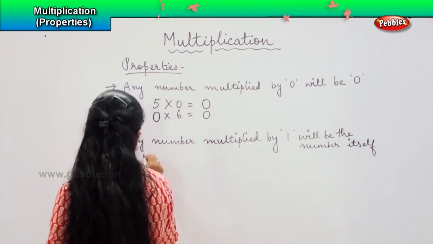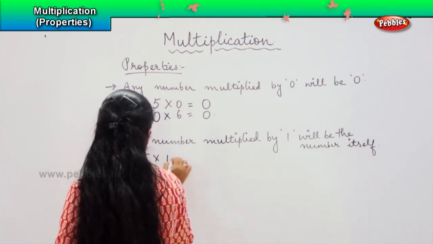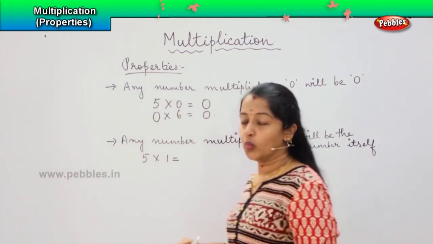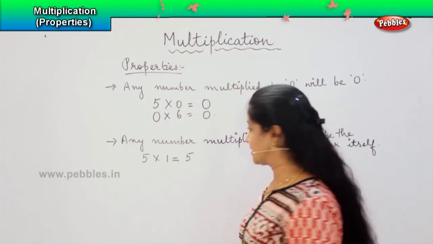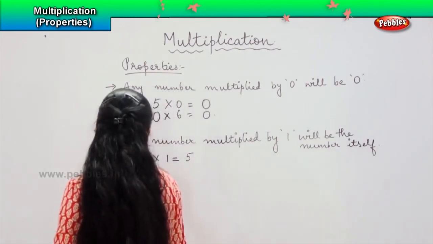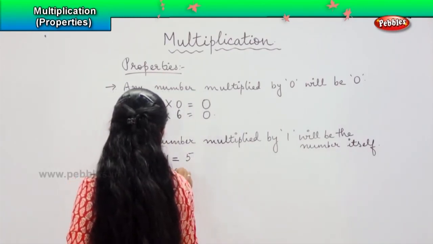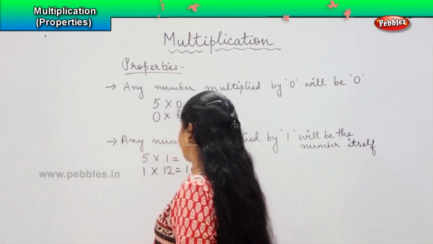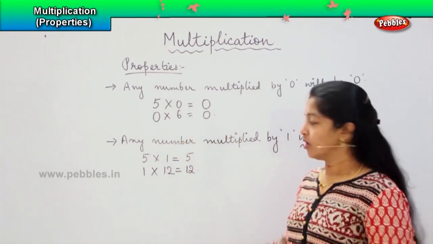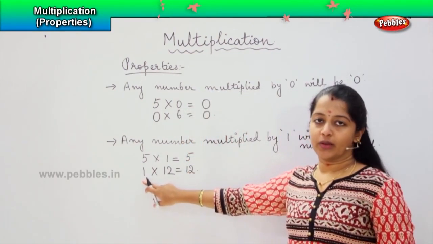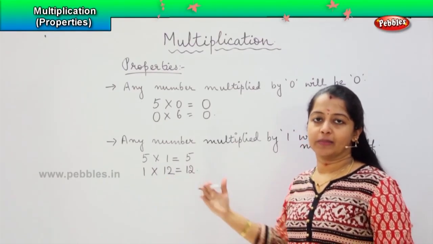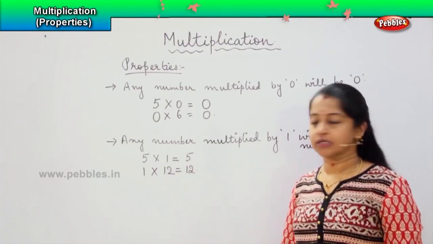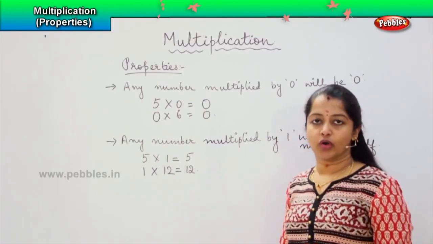Suppose 5 into 1. My answer will be the number itself, which means it will be 5. Similarly, 1 into 12. The answer will be 12. So, anything multiplied by 1 will give me the number itself. Whatever number we are multiplying, that itself will be the answer. That itself will be the product.